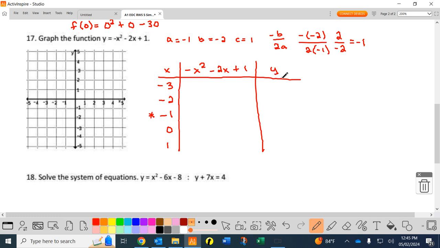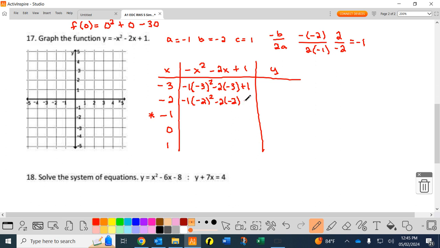So when I write this out, it's going to be -1 times -3 squared minus 2 times -3 plus 1. That's going to be -1 times -2 squared minus 2 times -2 plus 1.